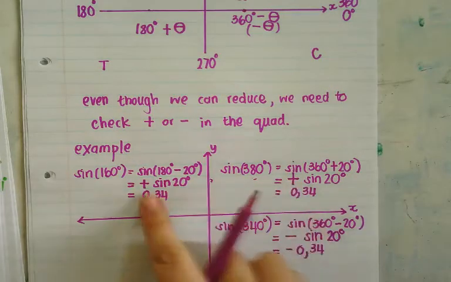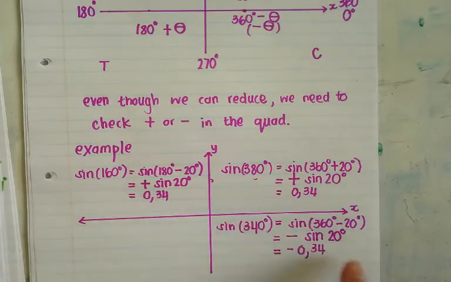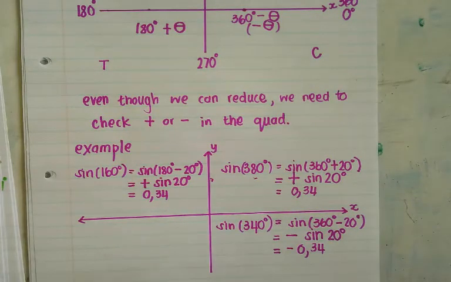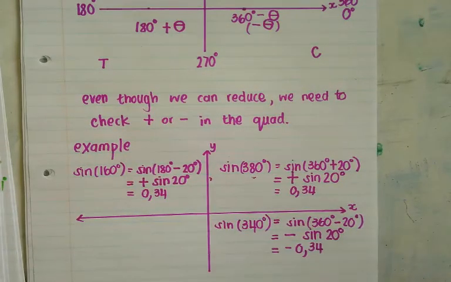So there's my positive repetitions. What do you think this is going to be? My negative repetitions, but the same value. So for instance, if I relate it back to that, there's my positive (0,34).